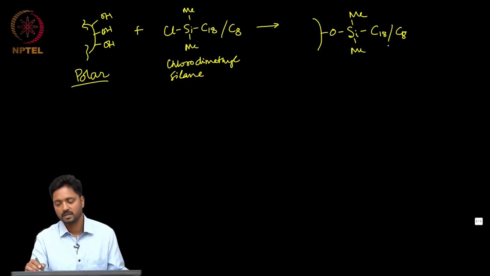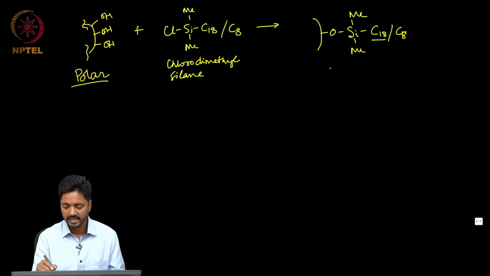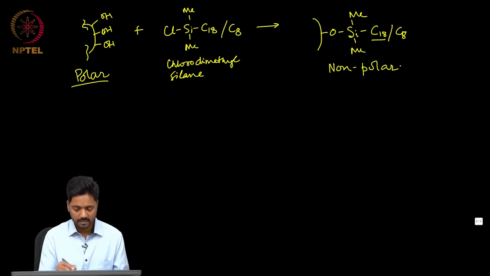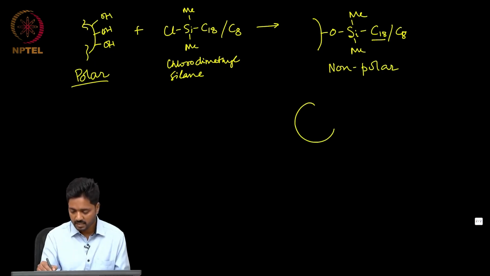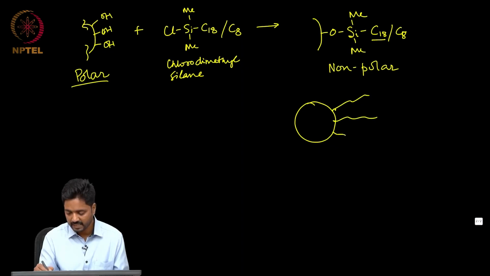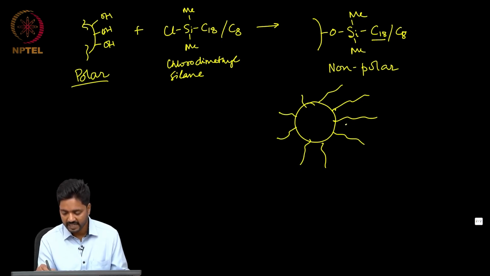However, after we have added our alkyl silane, we create a particle which is very non-polar, and what happens in this case is that you have these alkyl tails that hang out of the particle, and this is where the analyte gets partitioned.